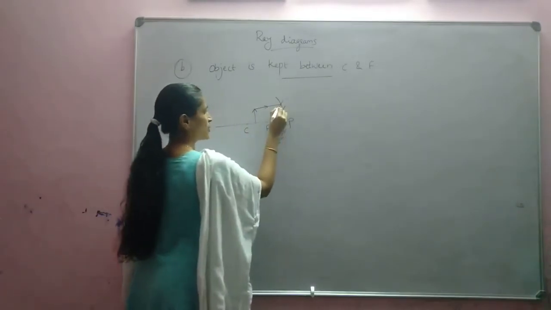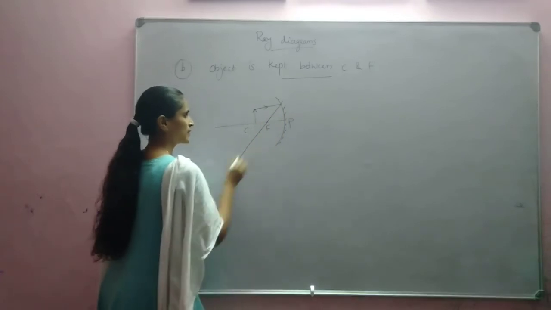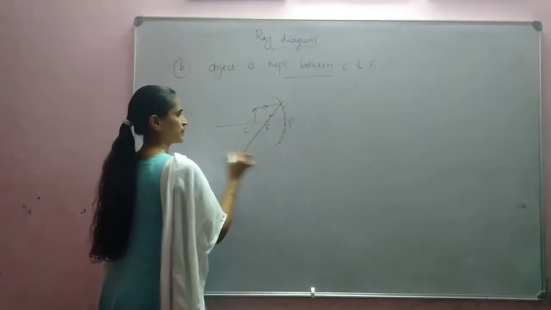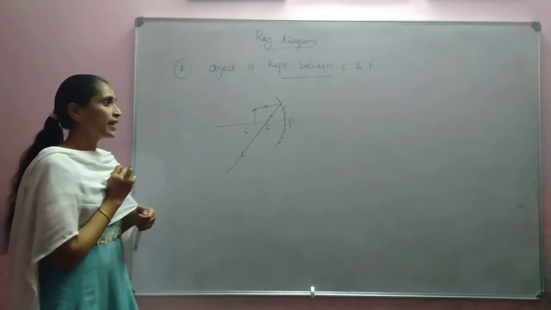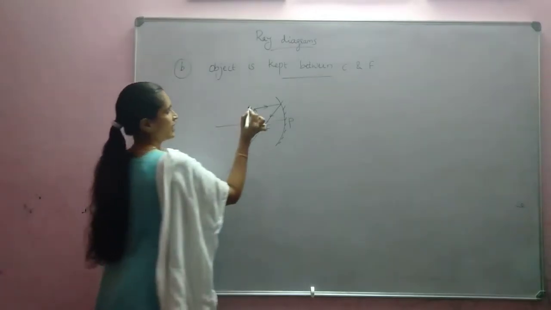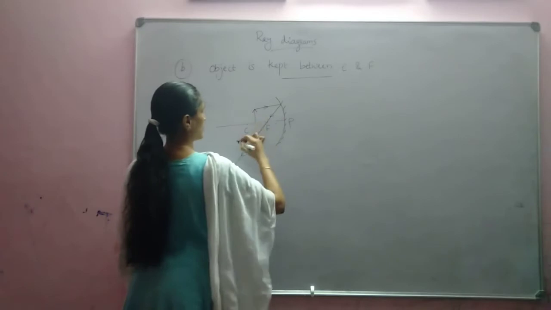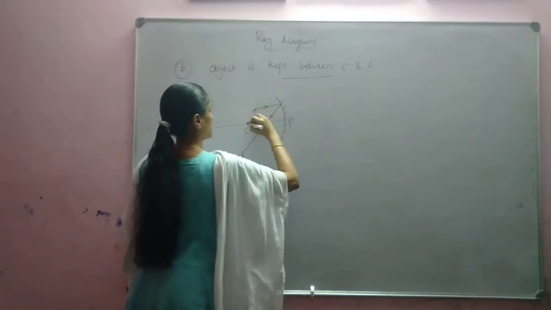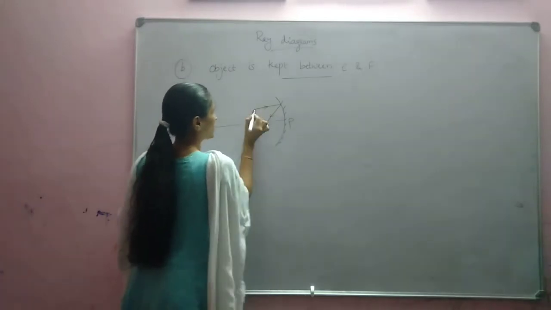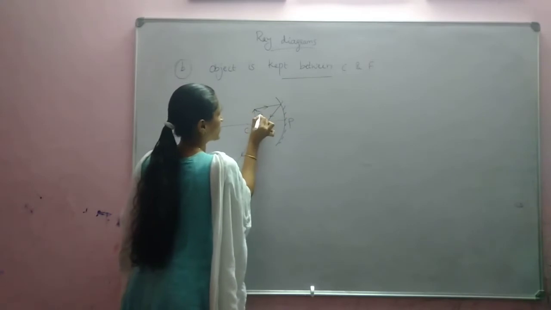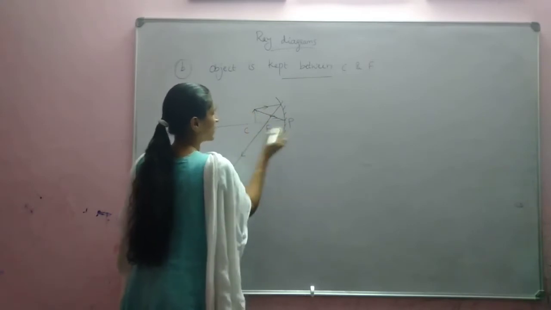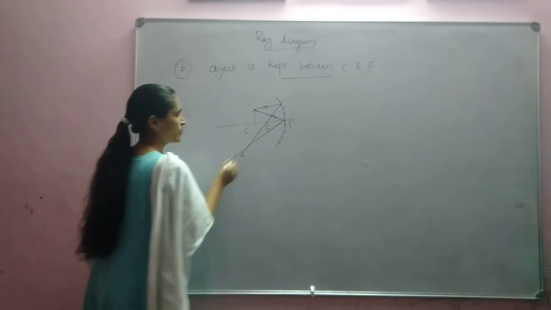After reflection, it passes through the focus. Then a ray entering through the center of curvature. You can show it like this, or you can draw this, which is easier. A ray which makes some angle, the reflected ray also will make the same angle.